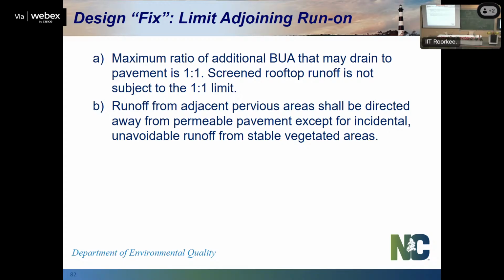Maybe you could have 1,000 meters of permeable pavement and 1,500 square meters of asphalt. Okay. But in North Carolina, we came down to a 1-to-1 relationship. For every 1 part of permeable pavement, you can have 1 part of other surface run-on to your permeable pavement.